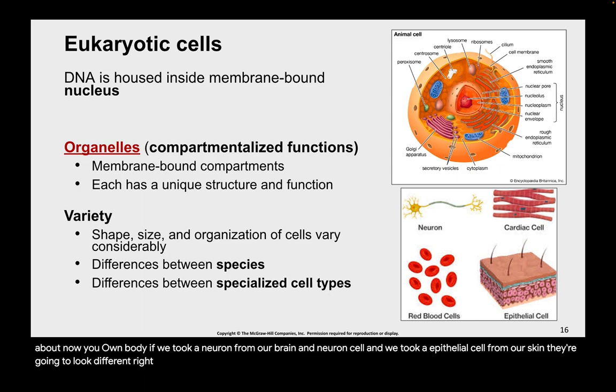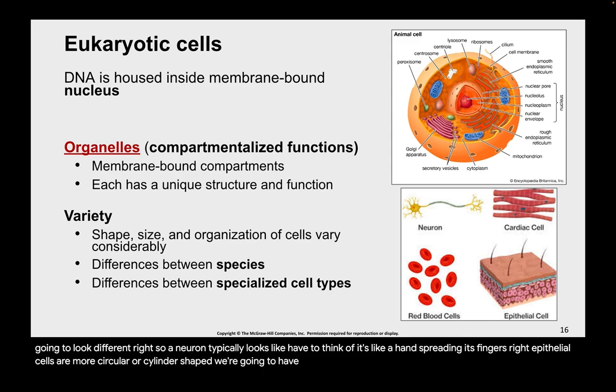A neuron typically looks like, I have to think of it as like a hand spreading its fingers. Epithelial cells are more circular or cylinder shaped. They're going to have DNA in their nucleus, but they might contain different organelles, different amounts of those organelles. They all have maybe a different shape like we see with the neuron there.